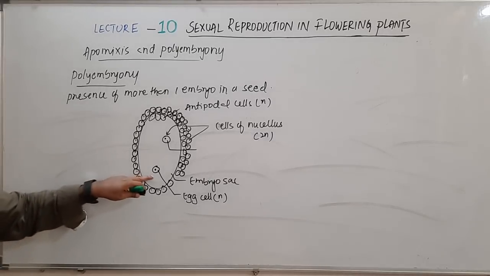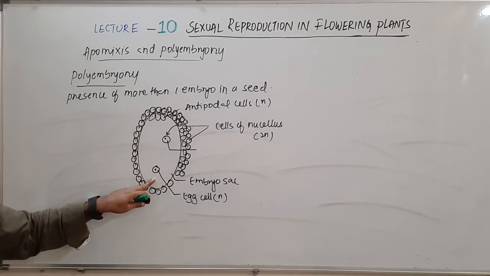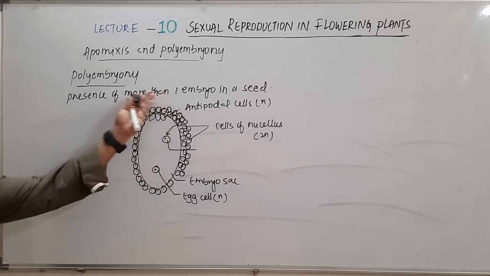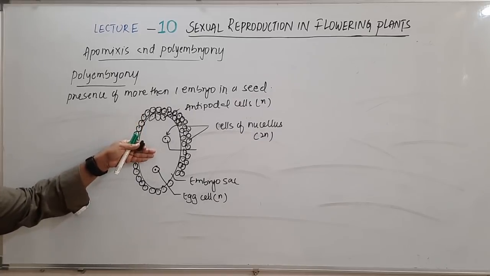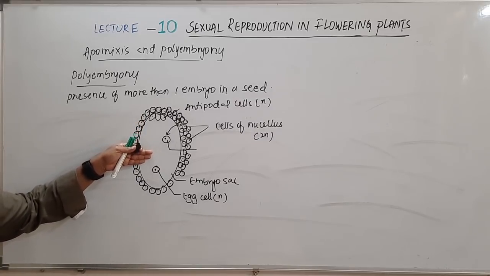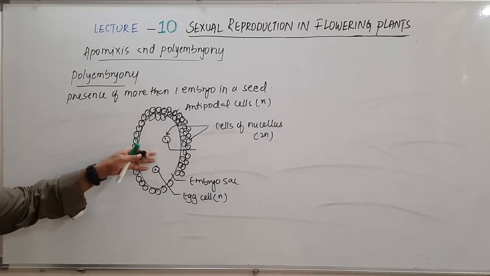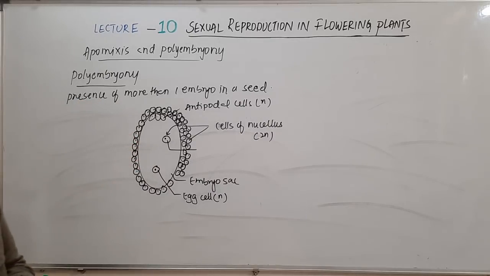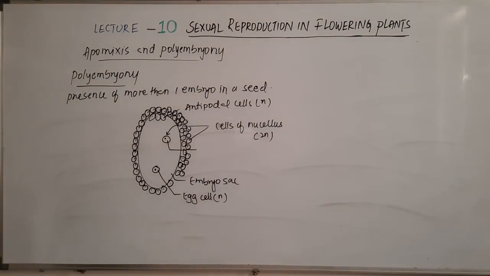Of course the egg cell will form one embryo, and this is going to form another embryo, or whatever other number of cells enter, they can also develop into embryos. So the presence of more than one embryo in a seed is the condition we call polyembryony.